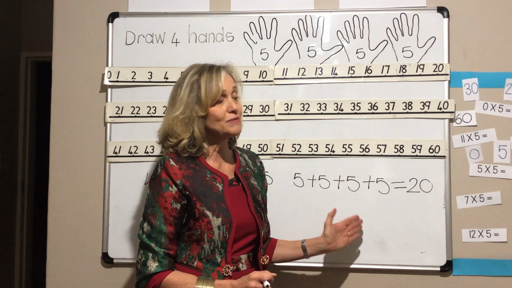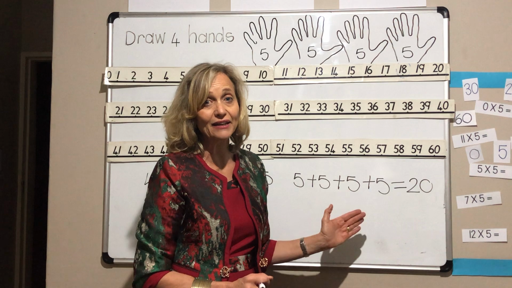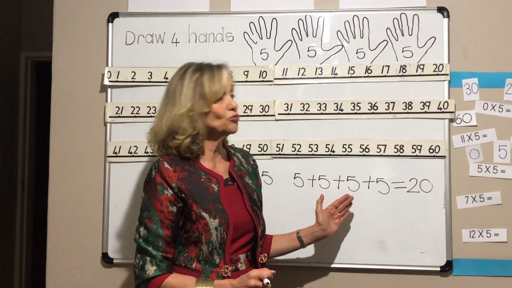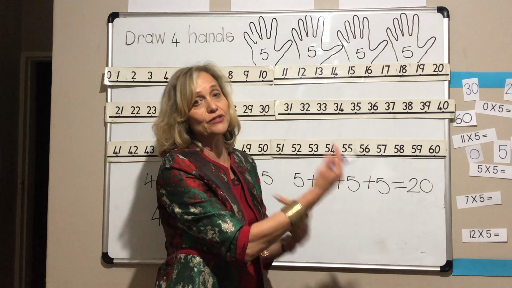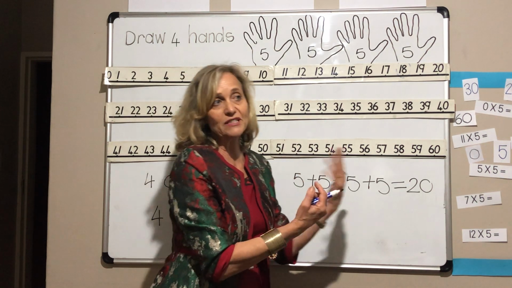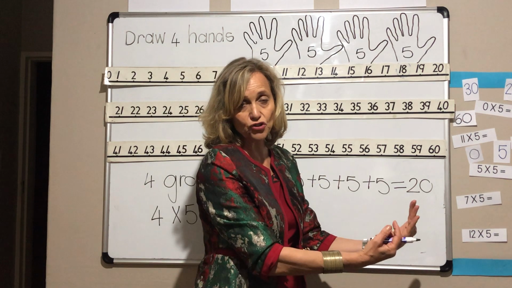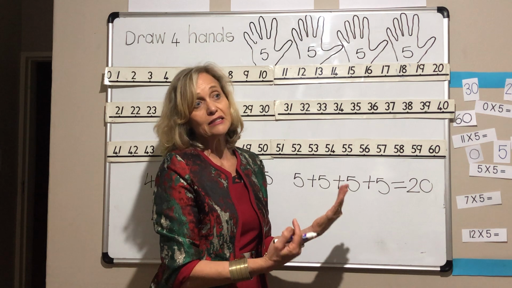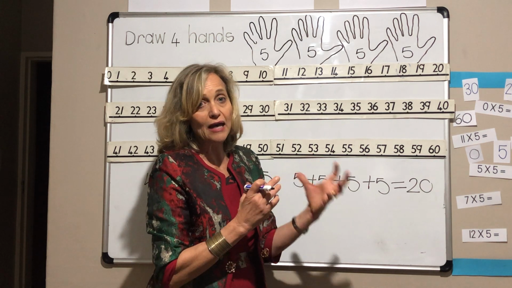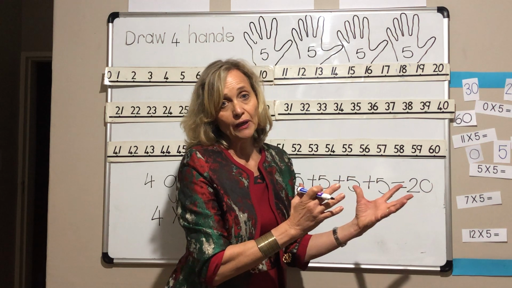And in plus sums and times sums, when you make things bigger, you can turn it around. Like 4 plus 5 is 9, 5 plus 4 is 9. 4 times 5 is 20, 5 times 4 is 20. You see? So it works with the sums where we are making things bigger.